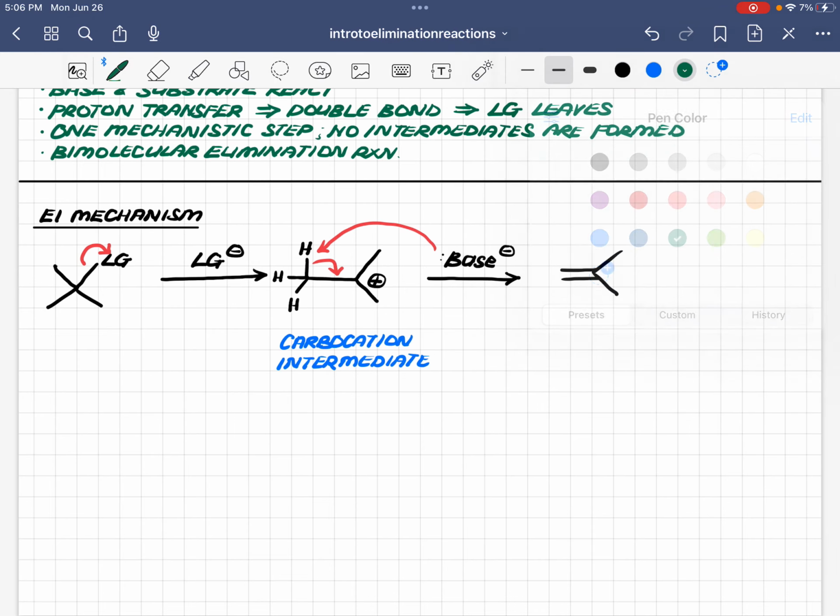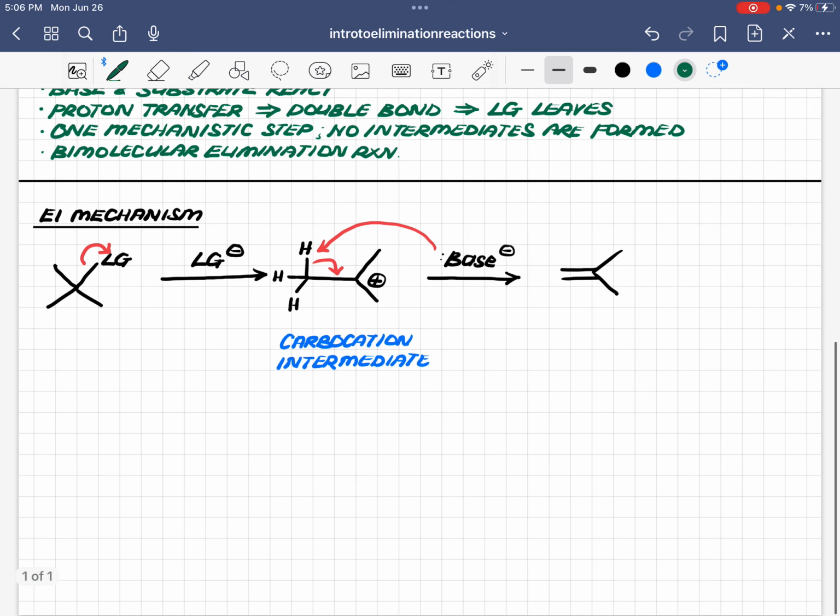So let's summarize really quickly what we see in an E1 mechanism.